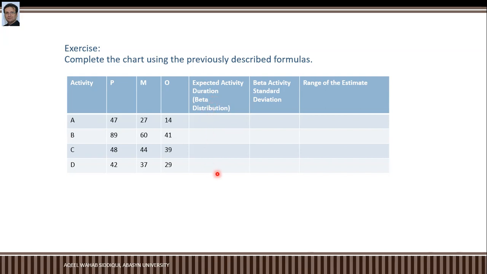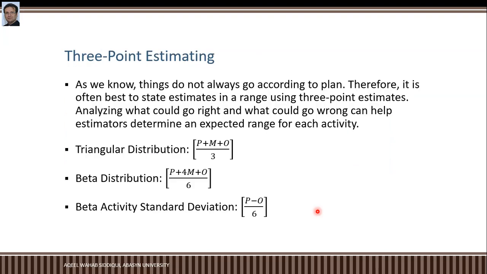Similarly, you can find beta activity standard deviation by using formula pessimistic minus optimistic divided by 6. Like here in this example, you can see beta activity standard deviation pessimistic minus optimistic divided by 6.